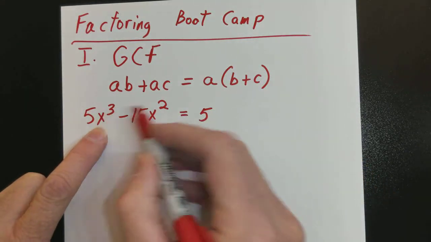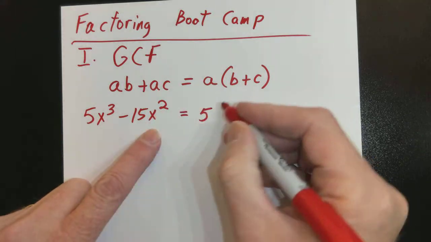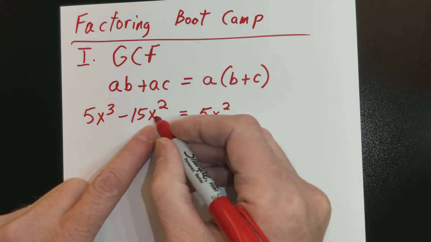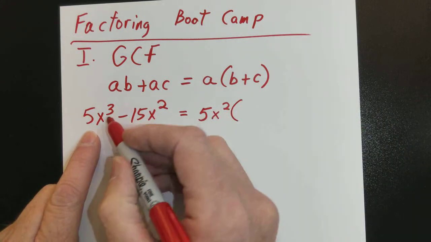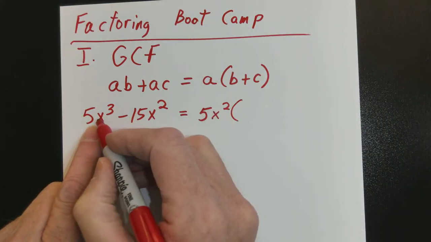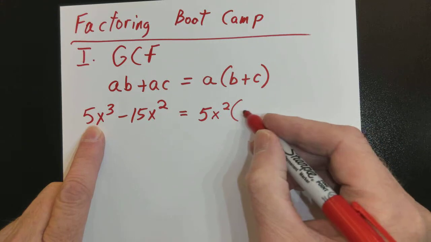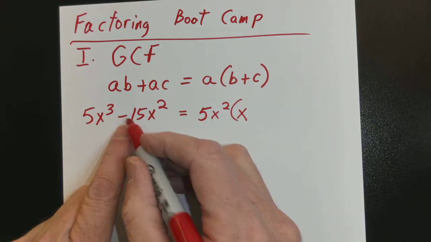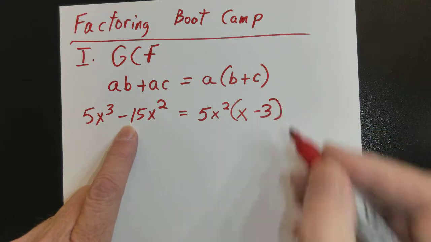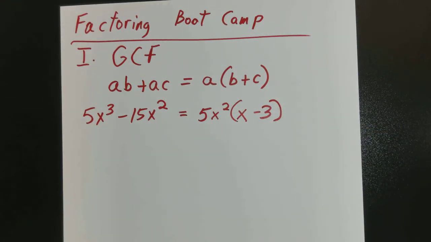This has x cubed, this has x squared, so we can get x squared out of each of these, right? As the GCF. And if I've taken 5x squared out of this already, I only have x left. And if I take 5x squared out of this, I only have the negative 3 left. Everybody comfortable with that? All right.